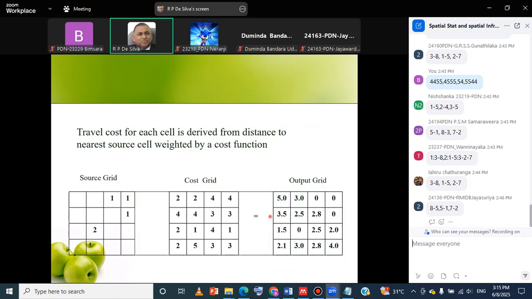Now, if you look at the cost grid, for each cell you travel across, the cost is different, right? Now, if you look at this cell like before, from here to here, what is the cost now?